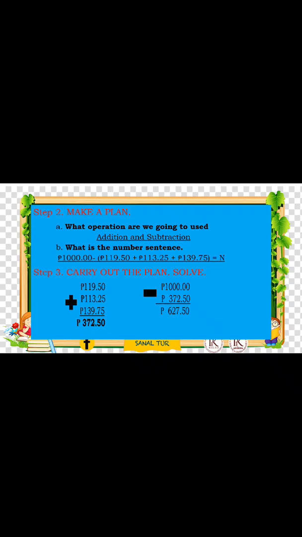That is now the answer of the problem that is being asked in our worded problem. The problem wants us to know how much was the change of mother, or the money that was left. So that is 627 and 50 centavos. Now we go to the fourth step.